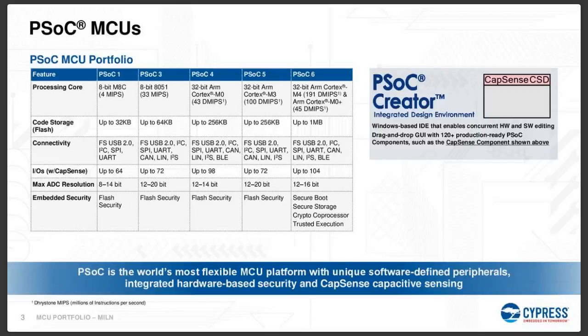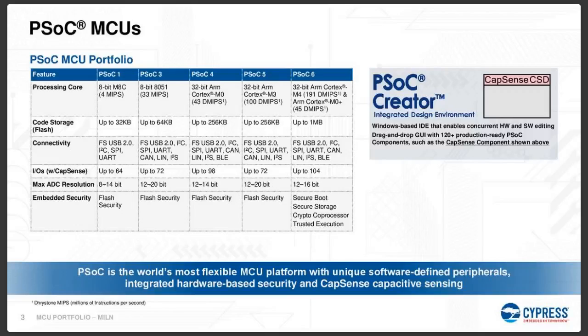One, the processor. PSoC 1, we used a small little 8-bit micro, which we call the M8C. It's also common in some of our USB parts. PSoC 3 is another 8-bit micro, but a little bit more horsepower. It has an 8051. PSoC 4 has an ARM Cortex M0 32-bit processor.